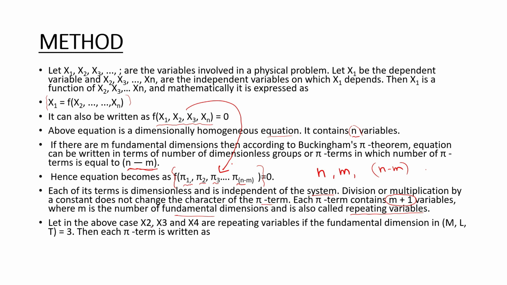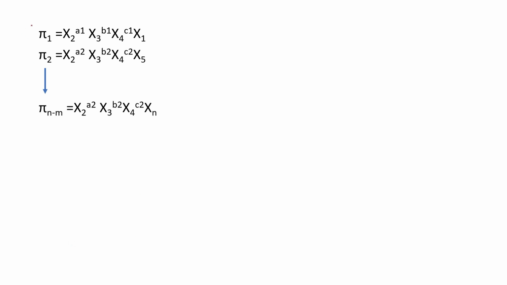So in the above case, let's take x2, x3, and x4 as repeating variables. If the fundamental dimensions are M, L, and T, that is m equal to 3, then each pi term is written like this. Pi 1 is equal to x2 raised to a1 into x3 raised to b1 into x4 raised to c1 into x1. Similarly, pi 2 can be written as x2 raised to a2, x3 raised to b2, x4 raised to c2 into x5. Like that, it goes on.